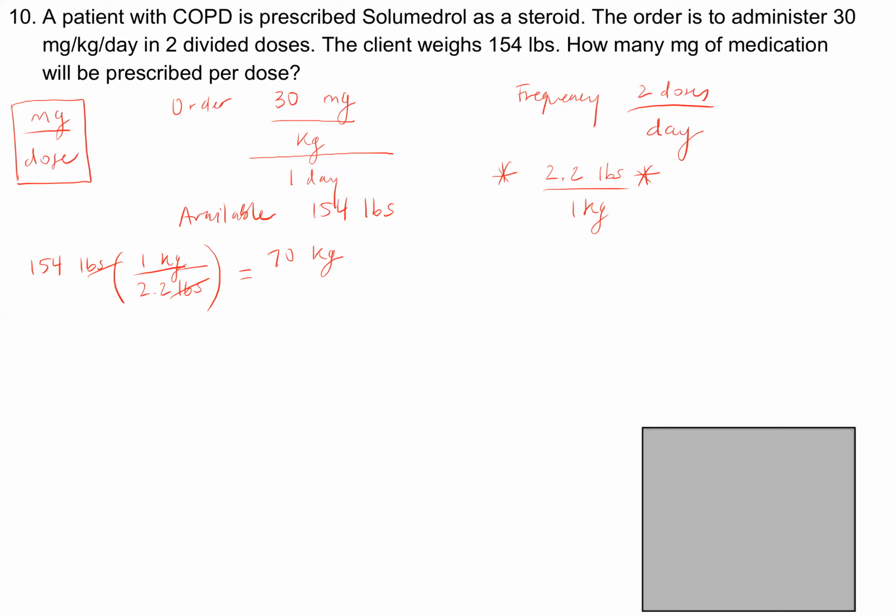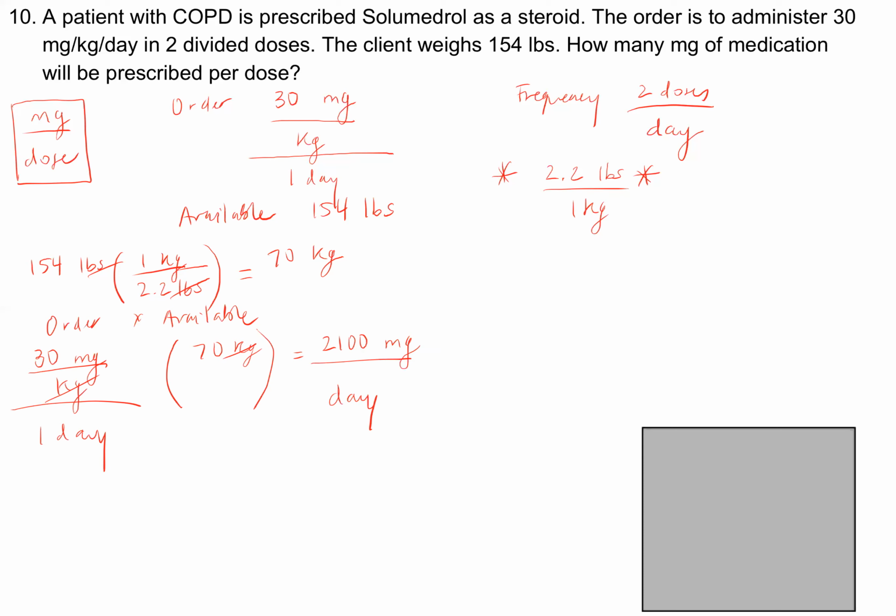So now we're going to do our order times available, and you have 30 milligrams per kilogram all over 1 day. And you're going to multiply that by 70 kilograms. And your kilogram units cancel, and you're left with 2,100 milligrams per day.